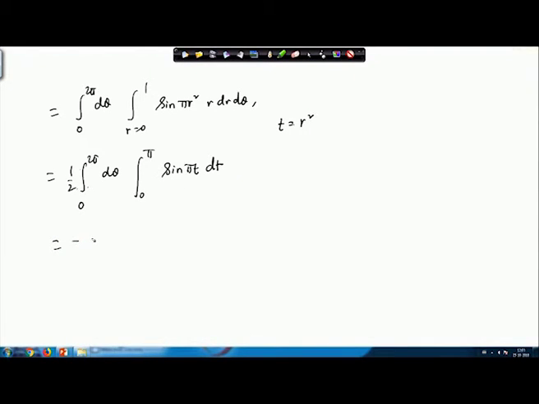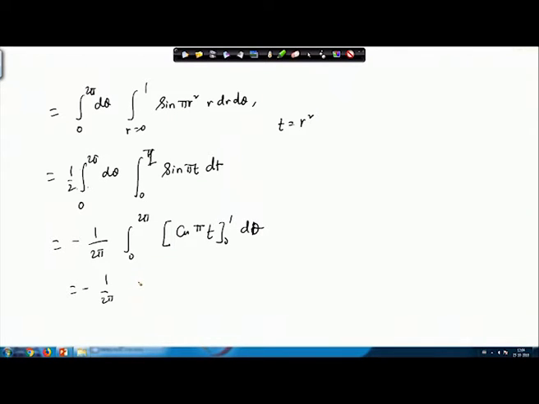If I integrate, then this will reduce to minus 1 by 2 pi times the integral from 0 to 2 pi of cos pi t, evaluated from 0 to 1, d theta.